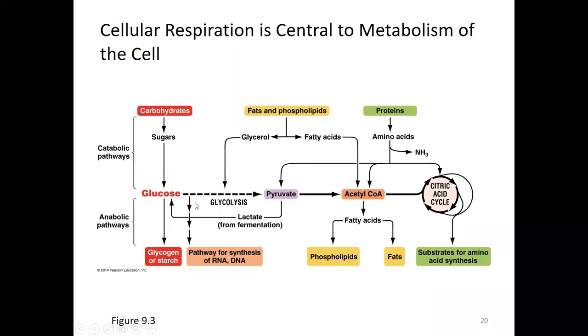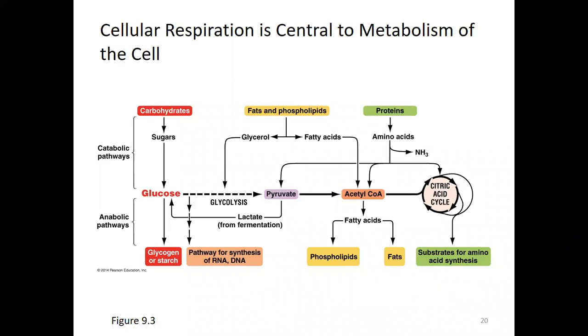You can also take off pieces of the glycolytic pathway and make some of the precursors for DNA or RNA, some of those ribose molecules you need. You can take acetyl-CoA and use it to make phospholipids and fats to put into your membranes. And you can take things from the citric acid cycle and use them to synthesize amino acids for protein synthesis. So cell respiration is central to both the catabolic and anabolic reactions of the cell.